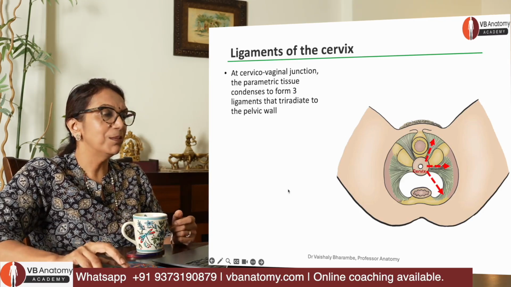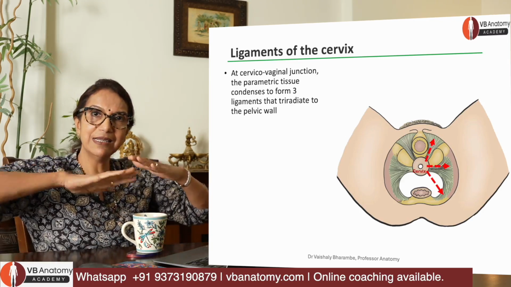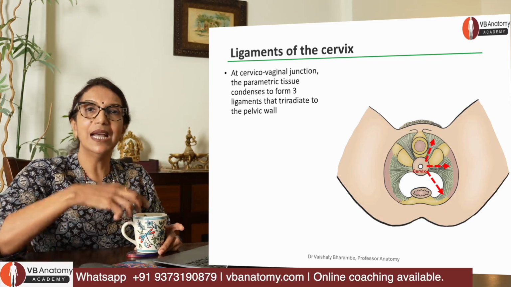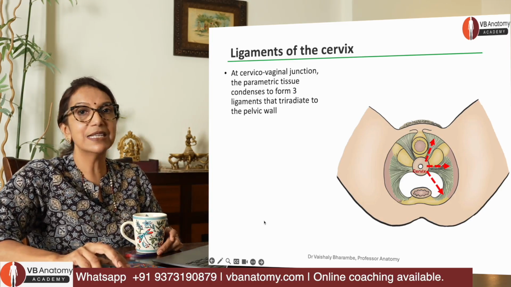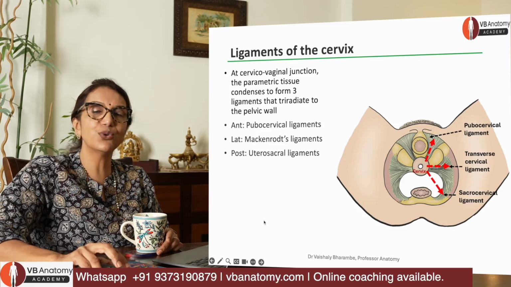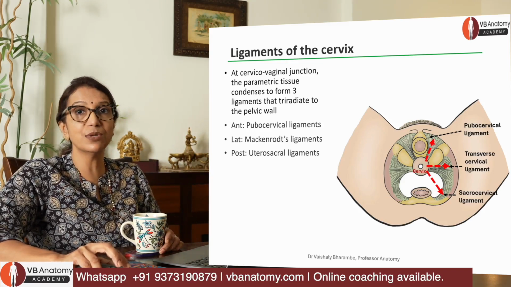Okay. So basically it's the parametric tissue which is condensed now. It's the same layer, but at some places it becomes a little more thickened and has now got its own names such as pubocervical, transverse cervical, and the uterosacral ligaments. Uterosacral in some books is mentioned as sacrocervical.